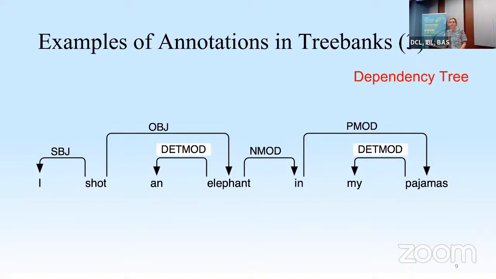So the governing head has an arrow that points to the dependent element. In that way, we can see that shot is the head. Then on the left, you have the subject that depends on it, and on the right, the object, which is elephant. And then you can see that in is connected to elephant as a nominal modifier, but not to the verb. So it's just the other analysis in this representation.